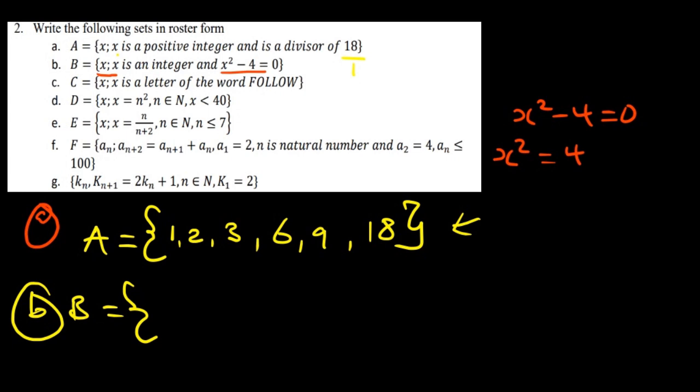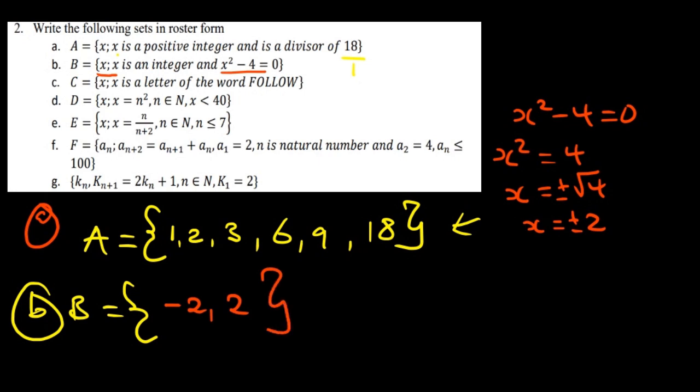So x is equal to plus or minus the square root of 4, so x is equal to plus or minus 2. We know that plus 2 is an integer, and minus 2 is an integer. So in this set B we are going to have minus 2 and positive 2. These will be our elements when we list them.